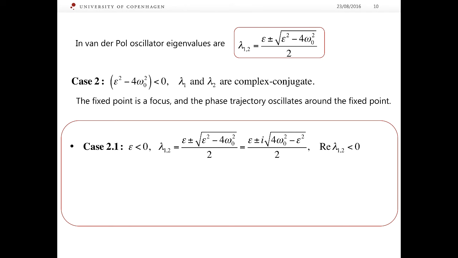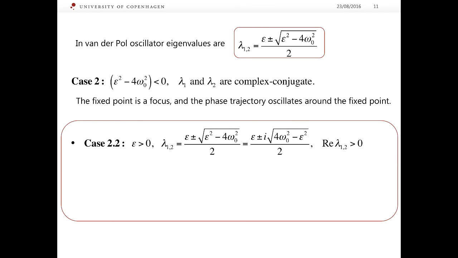We already know that epsilon is a control parameter of this system, and when epsilon is 0, the real part of the eigenvalues is 0 too, and the focus is stable. Now, when epsilon takes positive values, the focus is unstable.